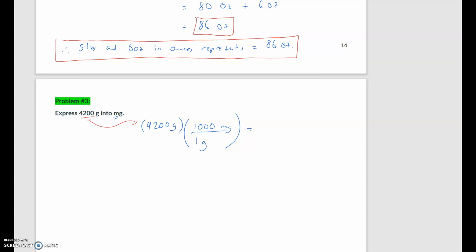So in this case, multiplying those two, we're going to get 42 with 1, 2, 3, 4, 5, and let me just put 1, 2, 3 zeros. Okay, that's going to be in milligrams. It's a very large number, and since we're multiplying powers of 10, we're just basically adding the zeros.